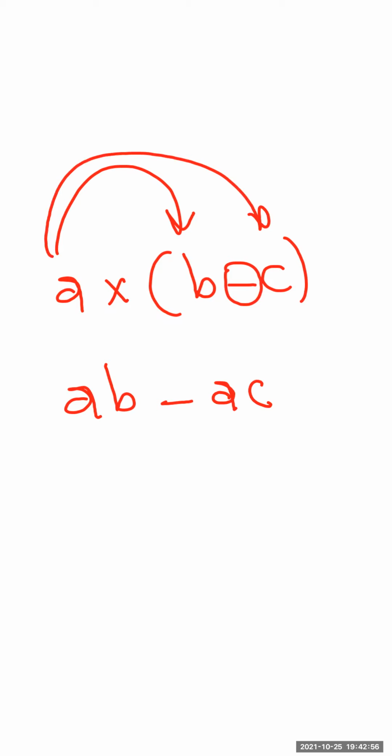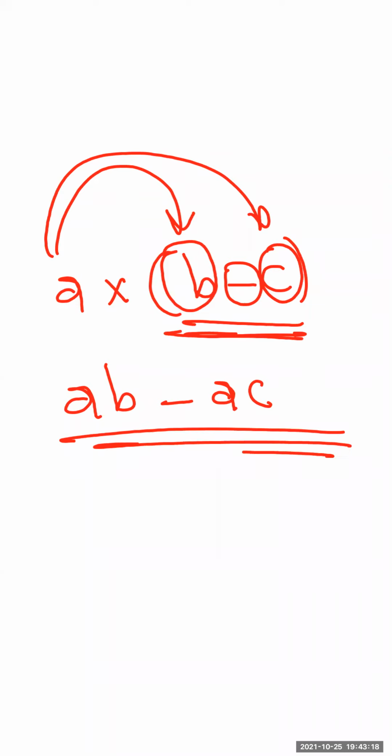Teacher, can't we first do b minus c, and then multiply a by the result? Of course, that's correct. But in some cases there will be variables. Can you subtract b minus c? Of course not.